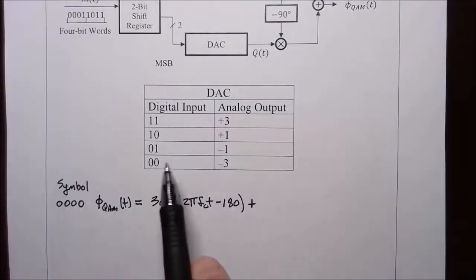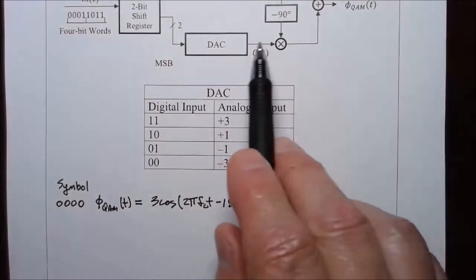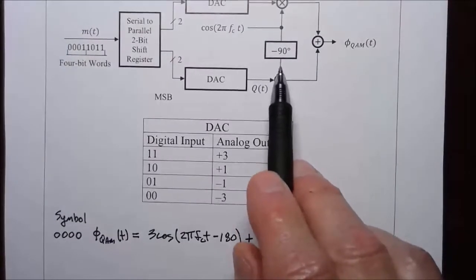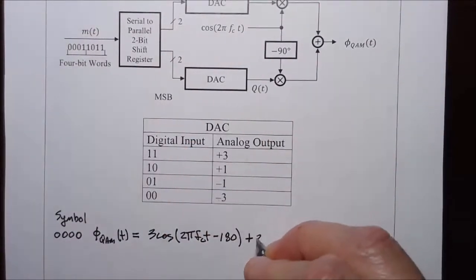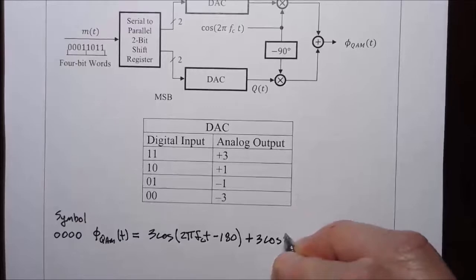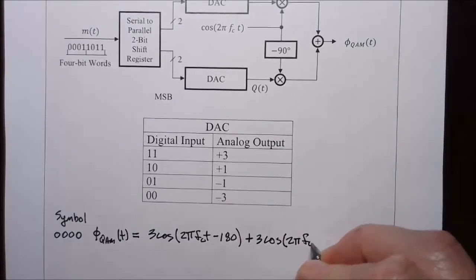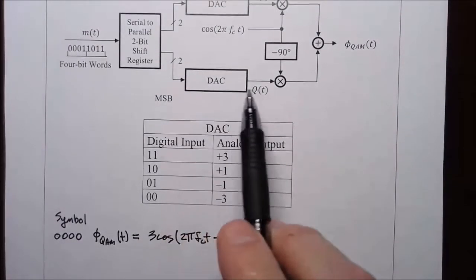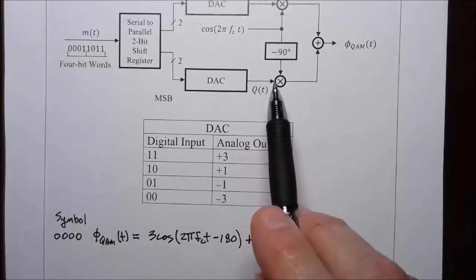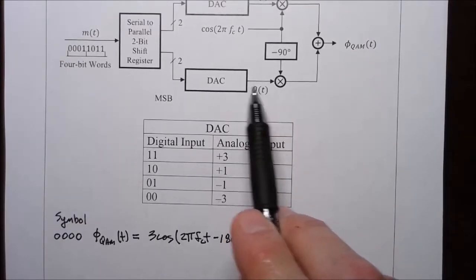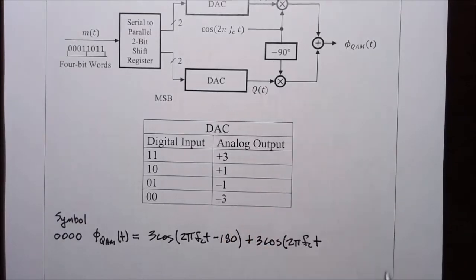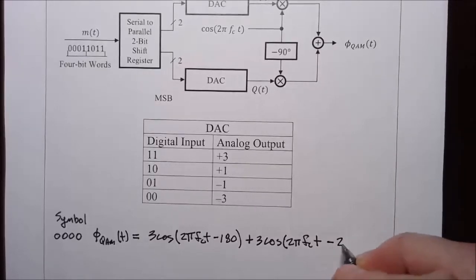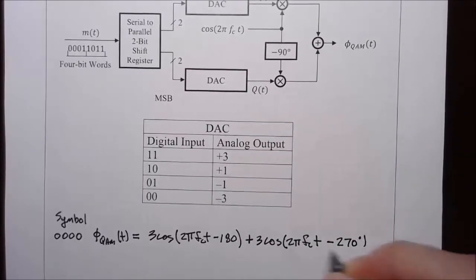Again, 0, 0 maps to -3. So this is -3 times the quadrature carrier, 2 pi FCT. And now let's put the minus sign into the phase angle. So we've got a -180 and a -90. So the total is -270 degrees.